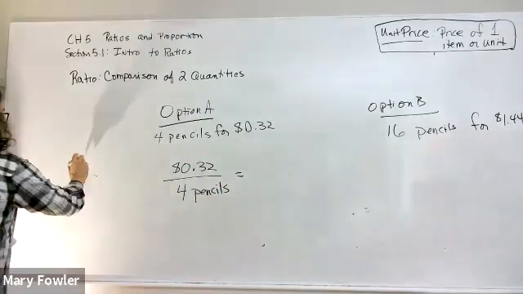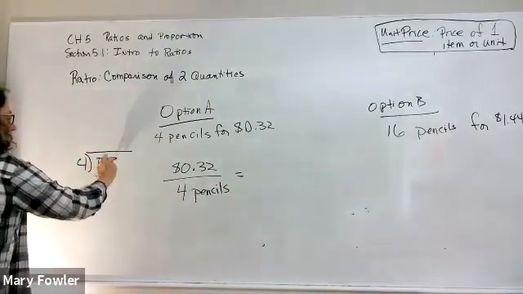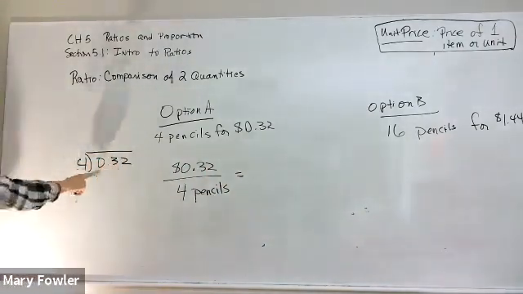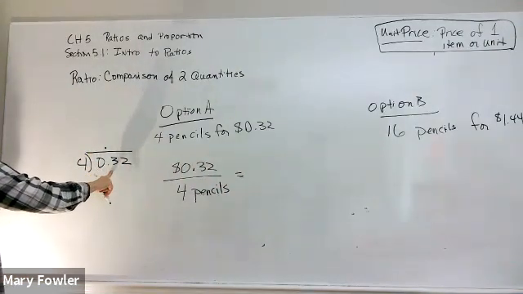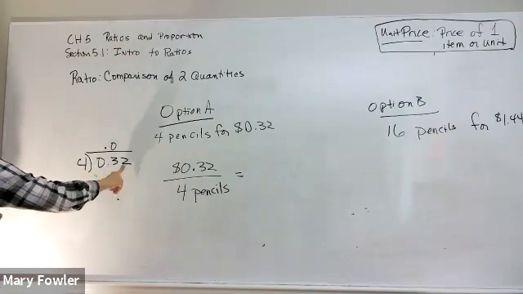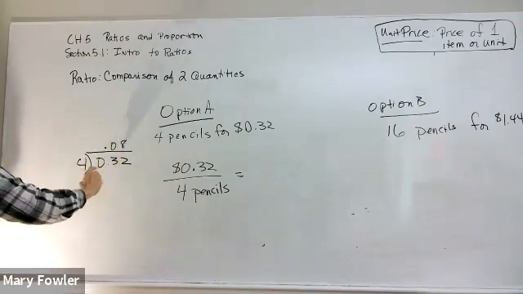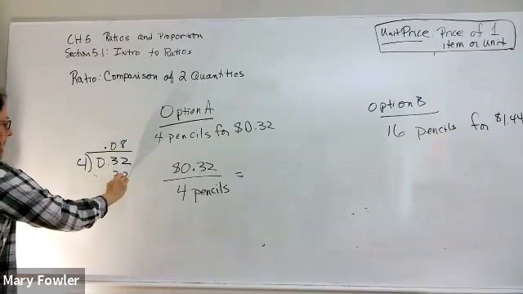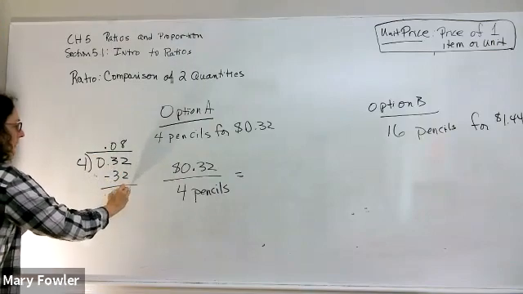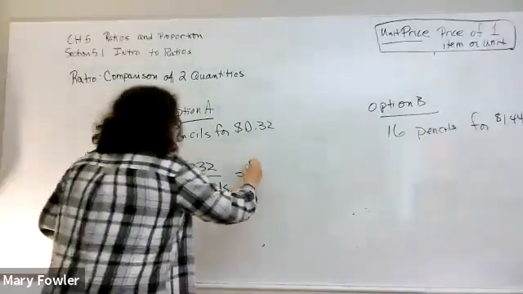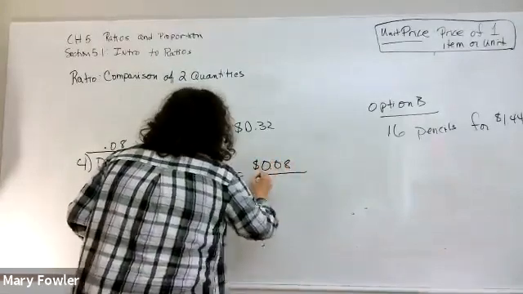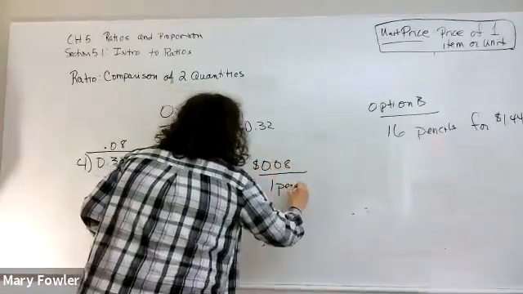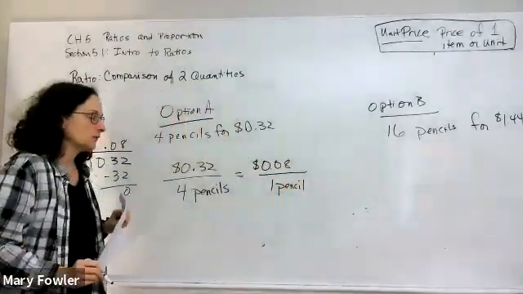Okay, so here we have 4 into 0.32, 4 into 32, right, goes in 8 times. Okay, so this is then 8 cents for 1 pencil.